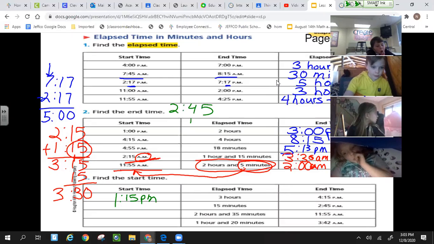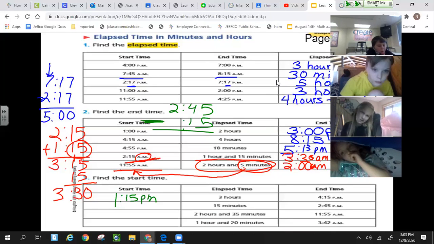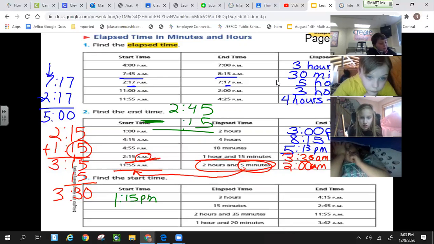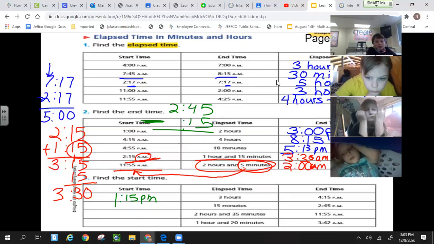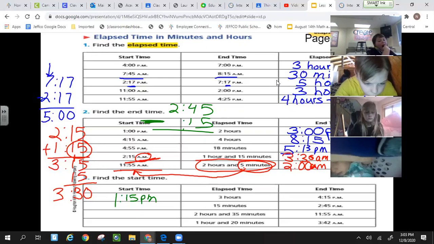You're subtracting that. You're taking it away. Go ahead and see if you can figure that out. What time would you have started? I know you can all do that math problem. Everybody should get this. Abby, get your fingers moving. Start doing the problem. Pencil and workbook. You got this.